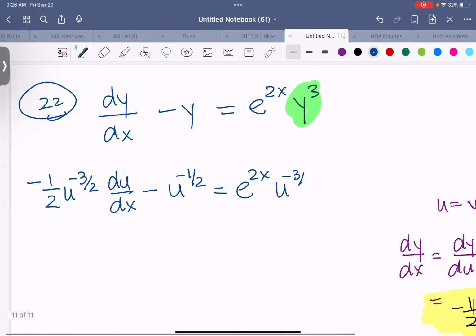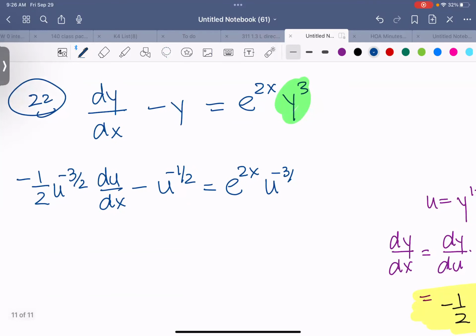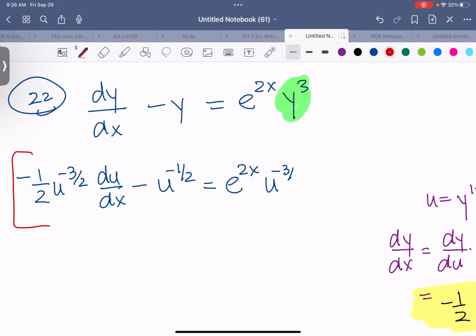Okay. Now that I have the substitution done, in order to simplify, we're going to multiply to make what's in front of the du dx 1. So to get rid of the negative 1/2, I'd multiply by negative 2. To get rid of the u to the negative 3/2, I'm going to multiply by u to the positive 3/2. When I do that, that cancels everything in front of my du dx.